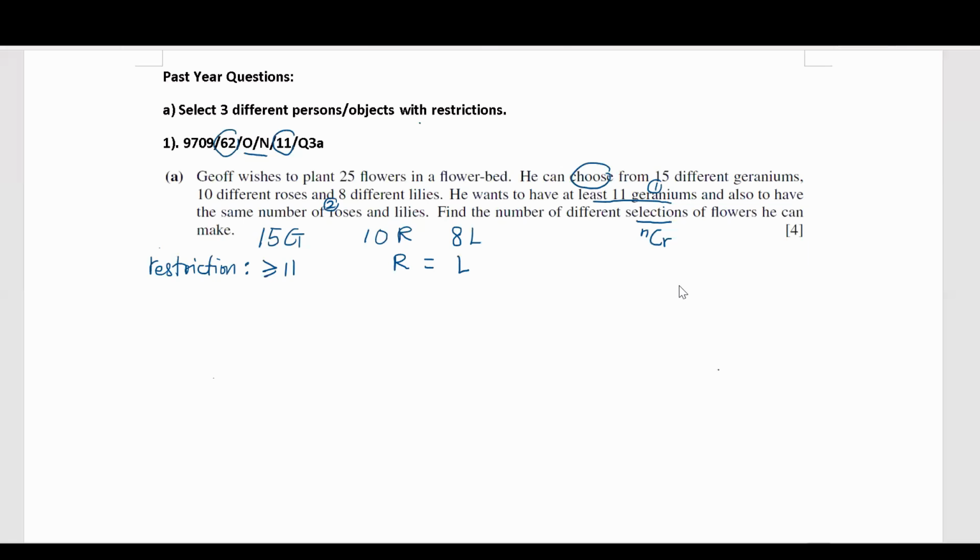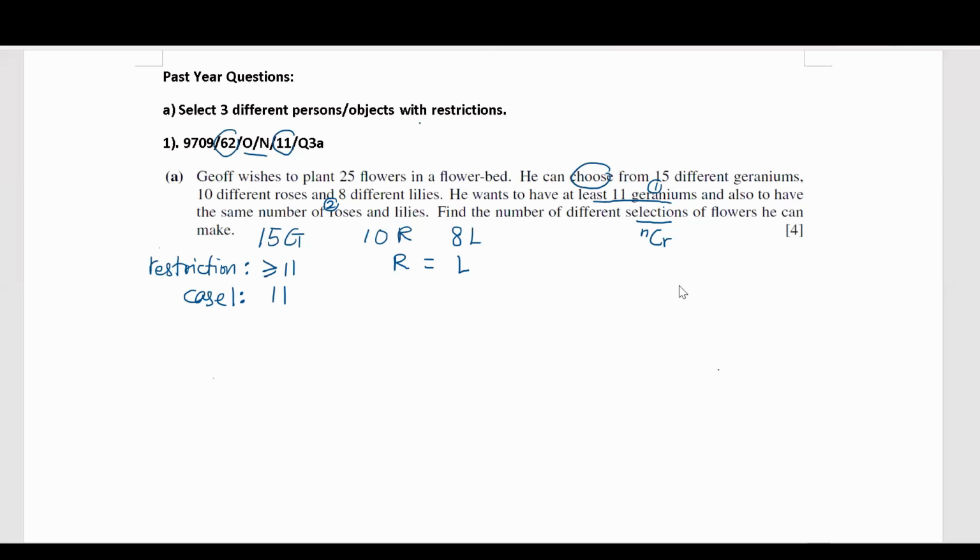All right, so in order to consider these restrictions, we have to consider the outcomes in different cases. So I will list down case 1. Since the question says we need at least 11 geraniums, I start from 11.